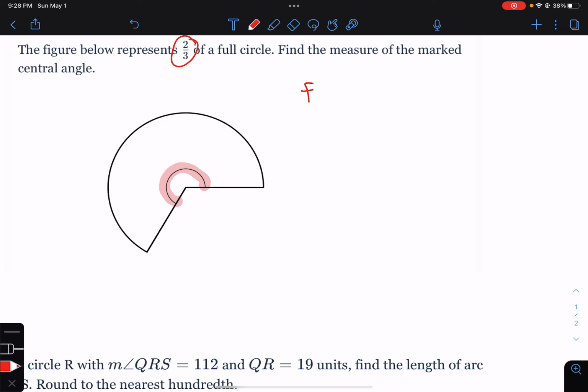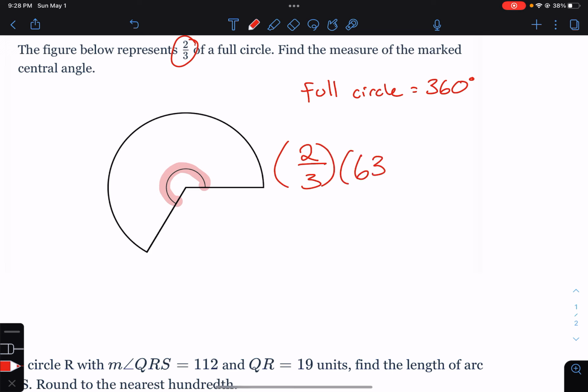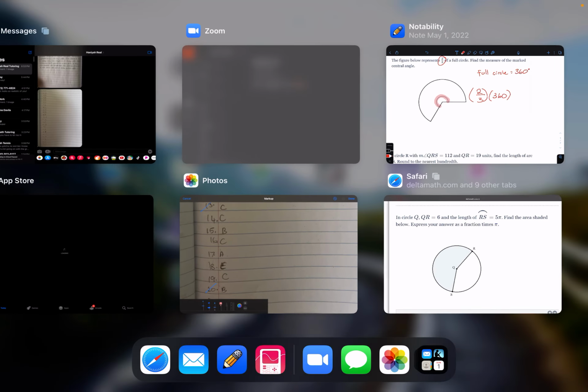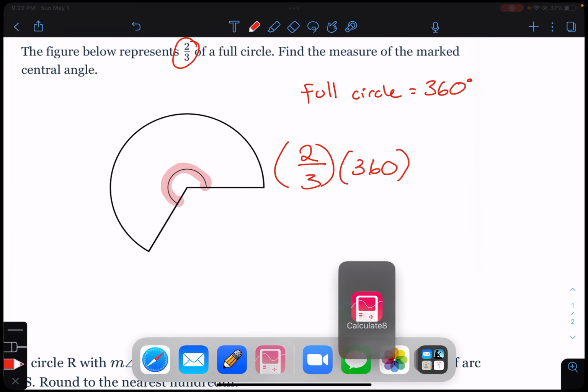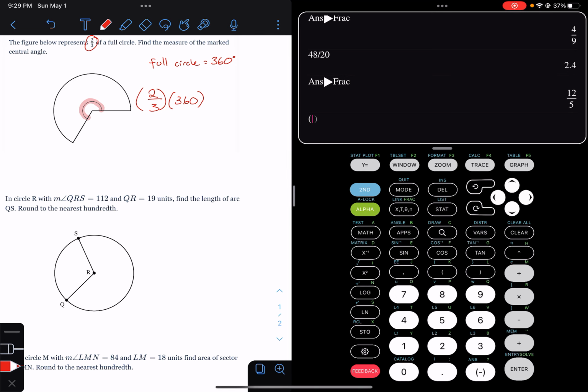We know that a full circle is 360 degrees, so if it's 2/3 of the circle, we just do 2/3 times 360. You can do this on your calculator, and that gives me 240. It would be 240 degrees.